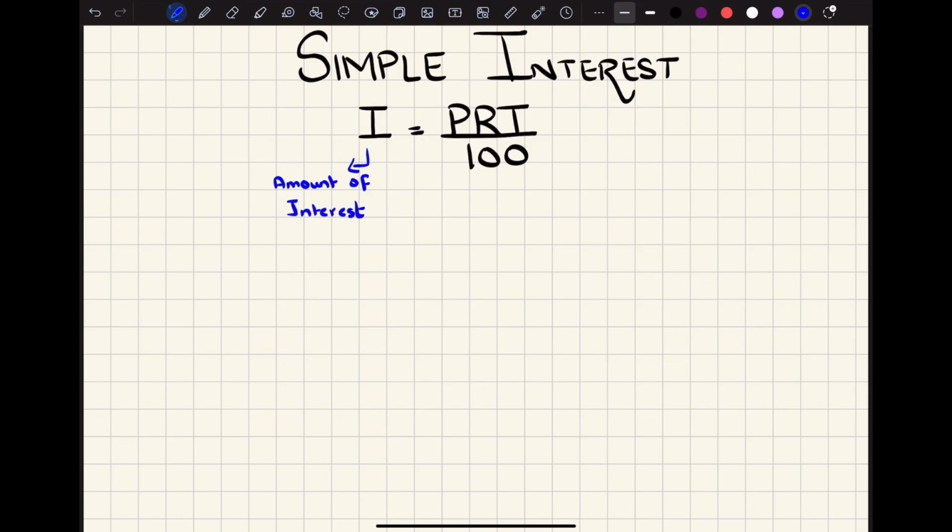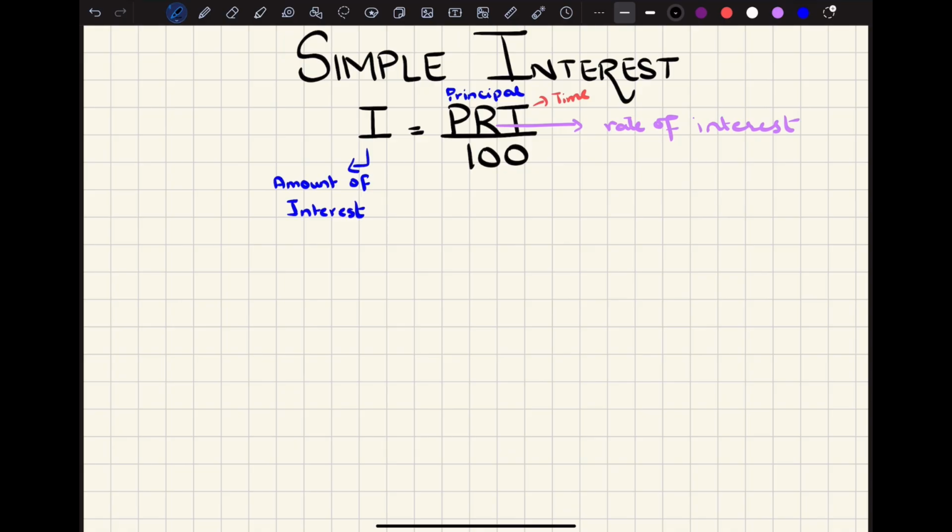P is the principal amount. R is the rate of interest. And T is the time. I hope the formula is clear. We're going to learn how to apply it.